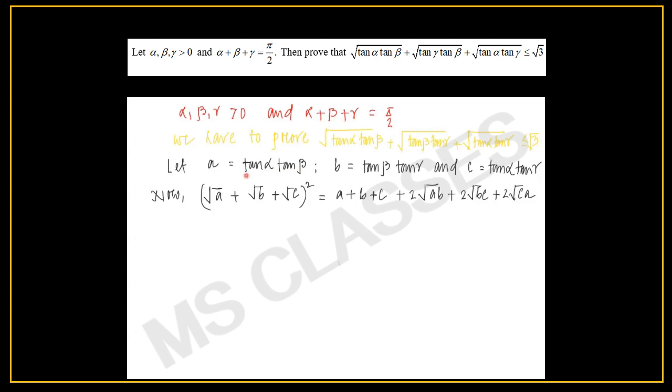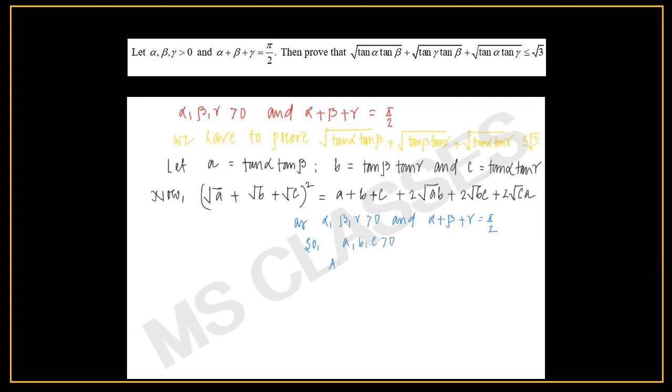So definitely tan alpha tan beta, tan beta tan gamma, and tan alpha tan gamma should be positive. So here we can mention that as alpha, beta, gamma greater than 0 and alpha plus beta plus gamma equal to pi by 2, A, B, C are definitely greater than 0.